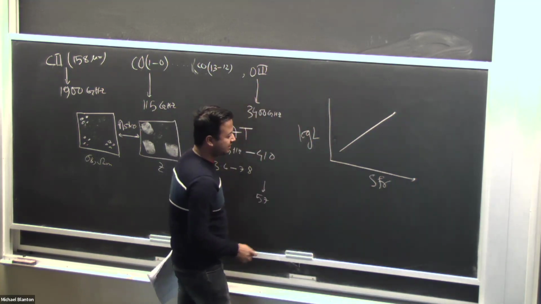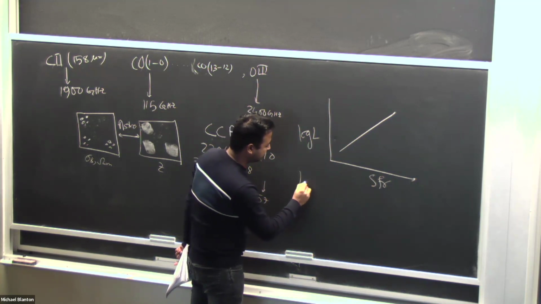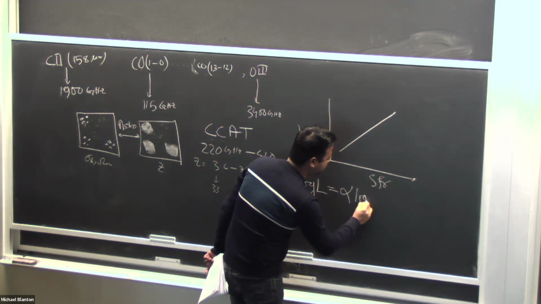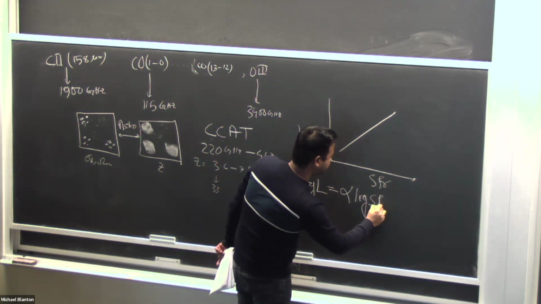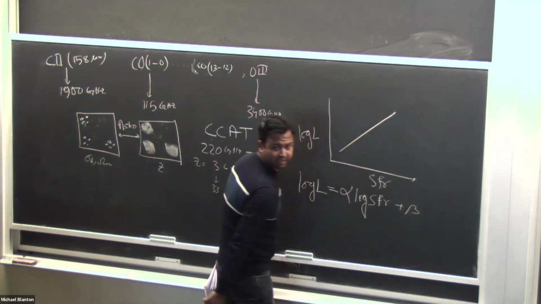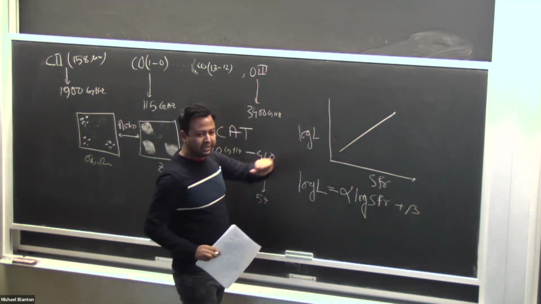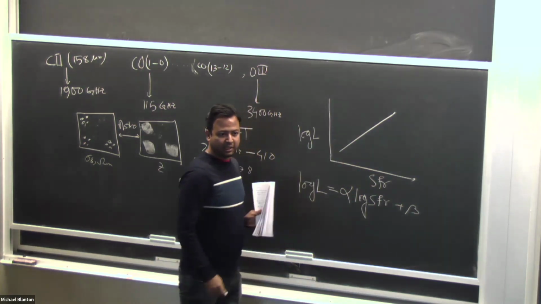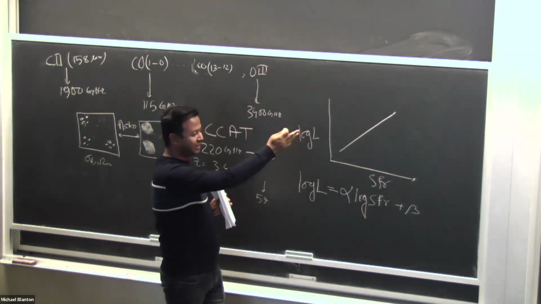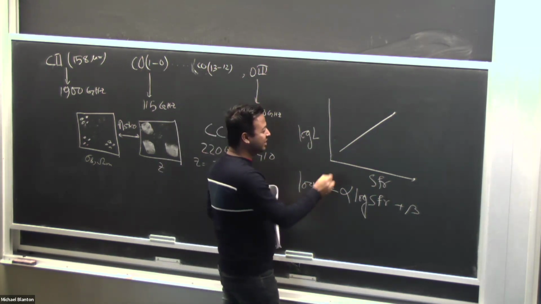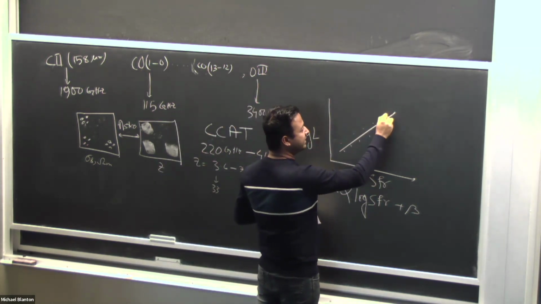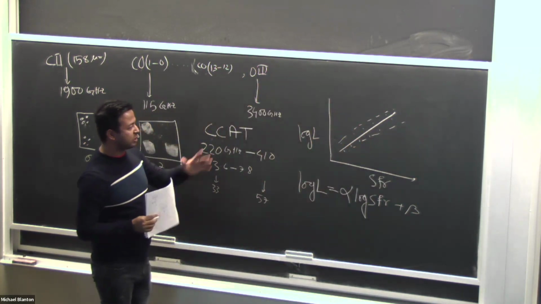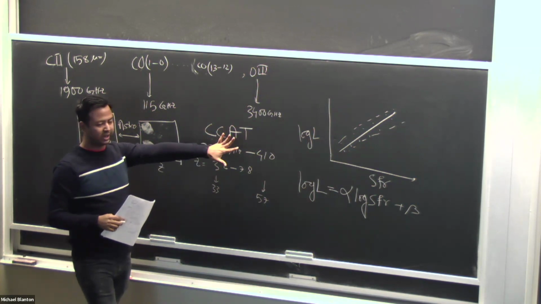So I can relate it with an equation like log L equals alpha log SFR plus beta, which tells me the slope and the cutoff. Now, of course, galaxies don't follow a particular line like this, so you can also have scatter on top of it. So you have a range, and you also capture the uncertainty between log L and SFR.